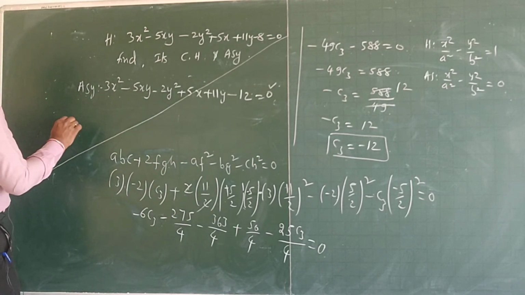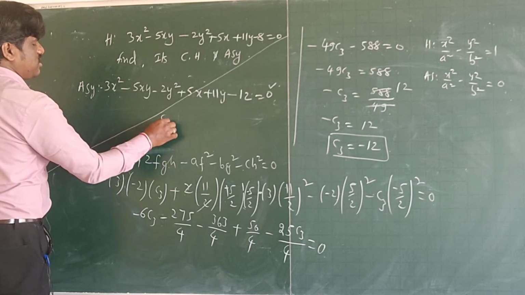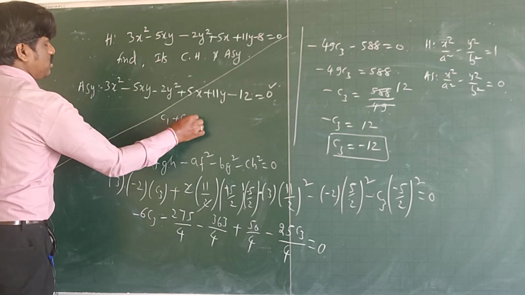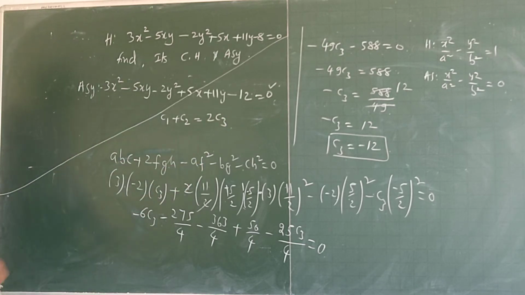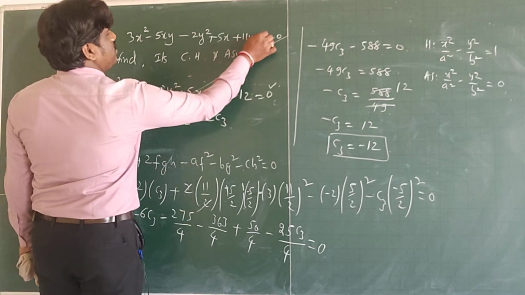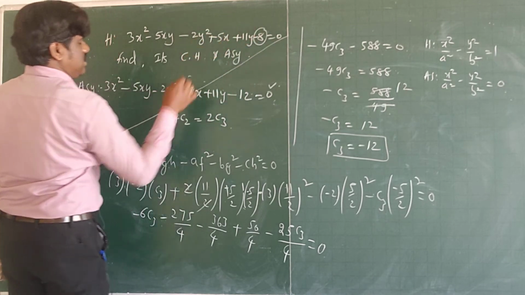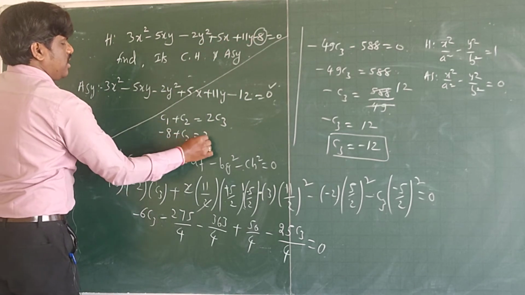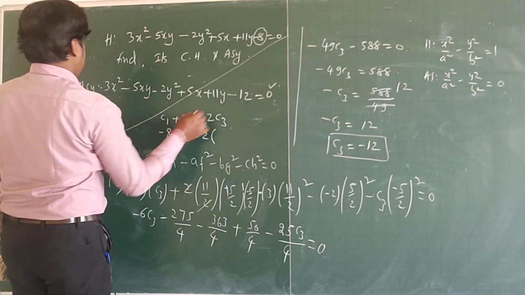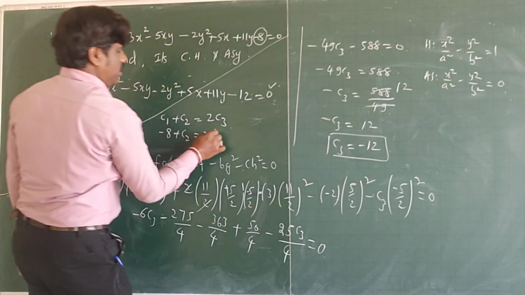Equation of conjugate hyperbola, if you want to find, you have to use C1 plus C2 is equal to 2 times C3 combination. C1 for the hyperbola was minus 8, and C2 we don't know, and C3 you got minus 12.